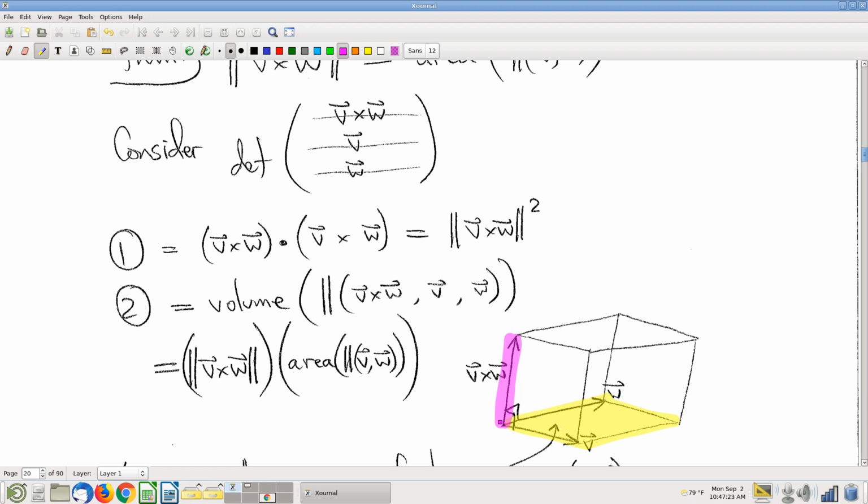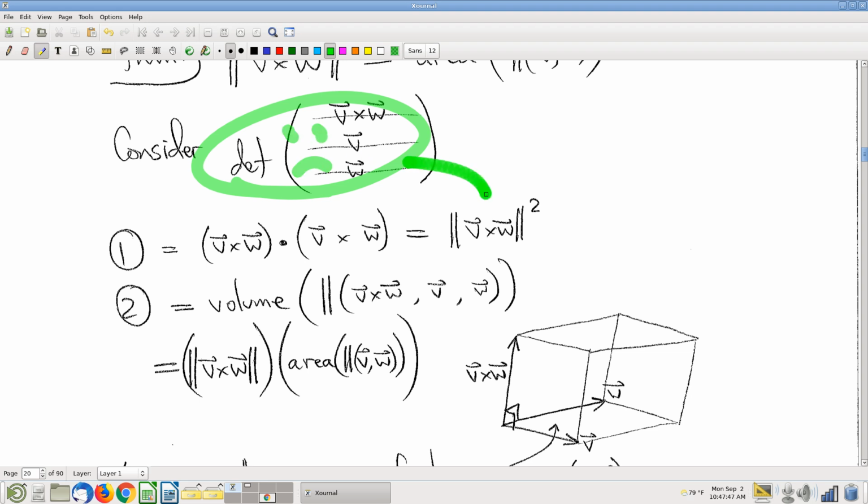Okay, so let's write that down. That purple length is the magnitude of the cross product. It's the magnitude of that thing. And this yellow area is the other thing. Okay, so we're almost done. Now keep in mind, we don't actually care about this thing. That's not really what we're interested in, but we showed that it's equal to this.